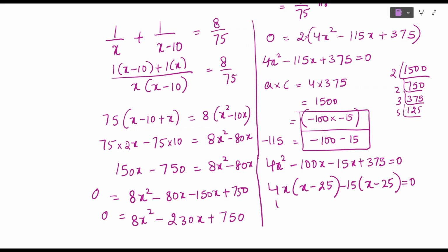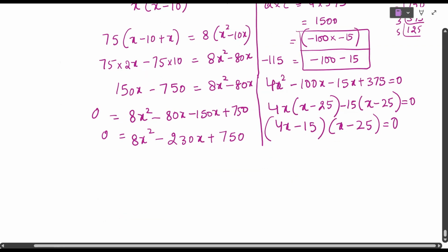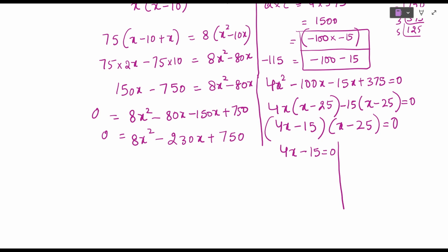Understood? So (4x − 15)(x − 25) = 0. So 4x − 15 = 0 and x − 25 = 0. So x = 15/4 and x = 25.